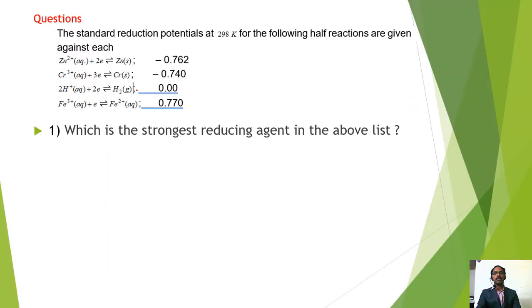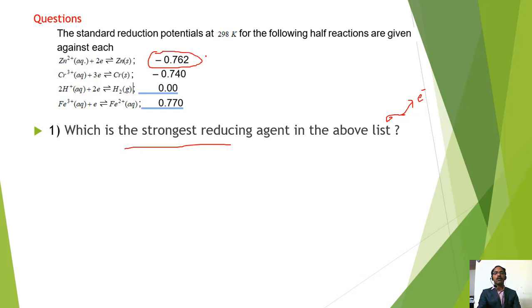Which is the strongest reducing agent? The strongest reducing agent should lose electrons. Which can lose electrons? Generally s-block elements lose electrons. So, the reduction potential value should be the highest negative value. See, this is the highest negative reduction potential value.